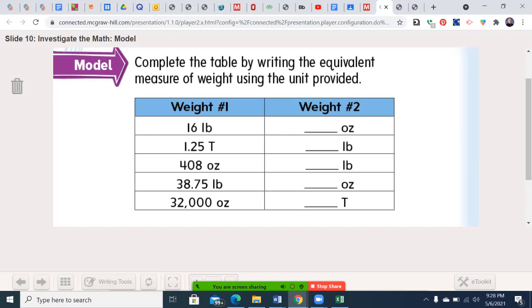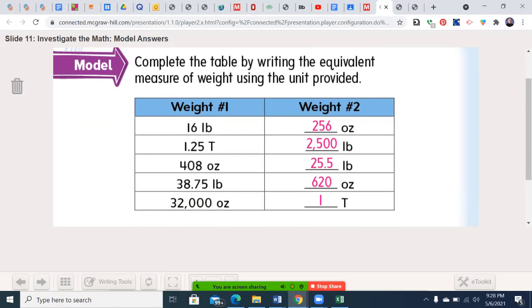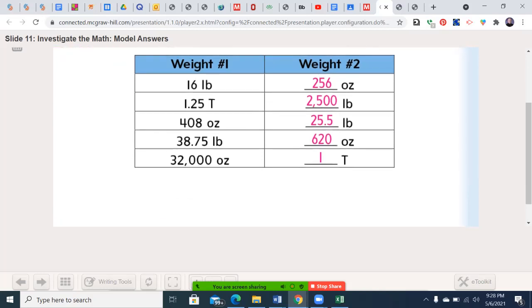And 32,000 ounces divided by 32,000. Let's see our answers: 256 ounces, 2,500 pounds, 25 and a half pounds, 620 ounces, and 1 ton.